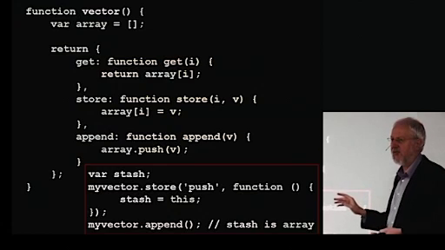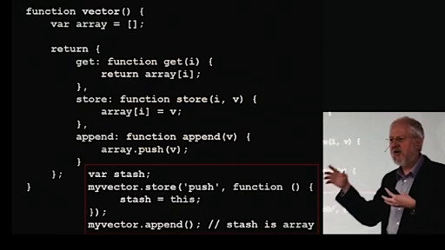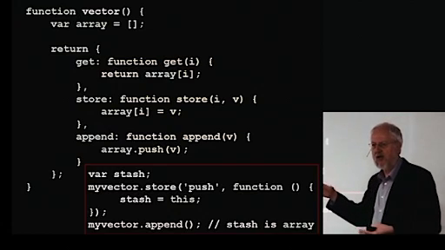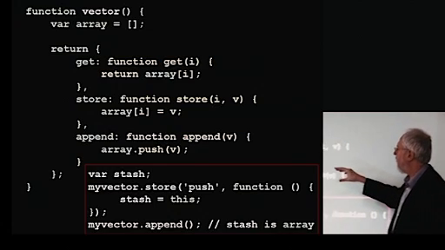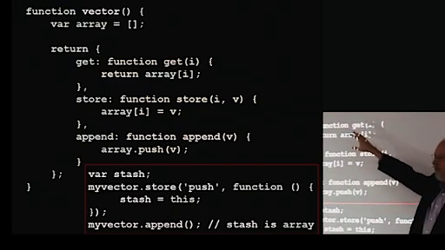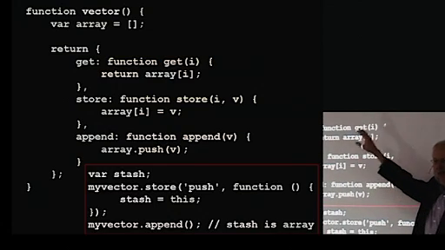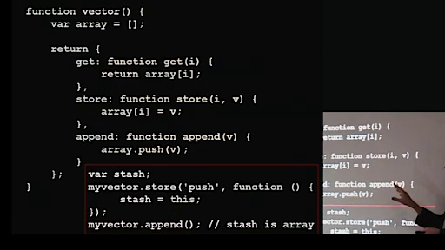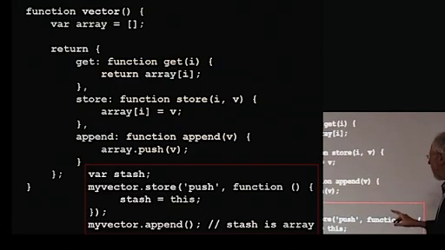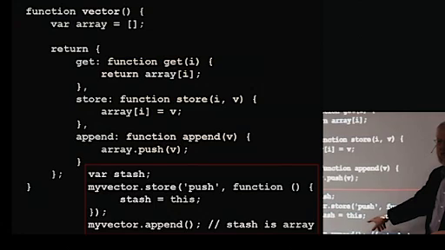The other source of this problem is that all variable bindings in the language are static, because of function scope. If array is defined there, then this one will be bound to that one. It's predictable with the exception of this. This is bound dynamically.